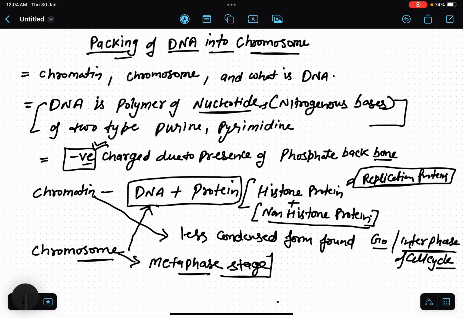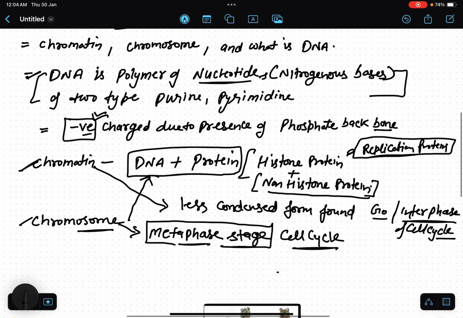Chromosome is found in the metaphase stage of the cell cycle. Okay, this is the chromosome, this is chromatin, and this is DNA.